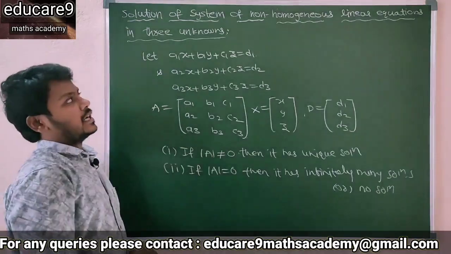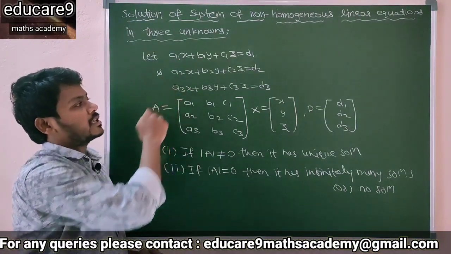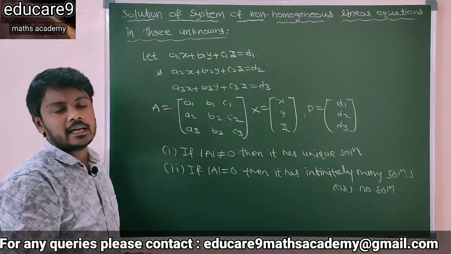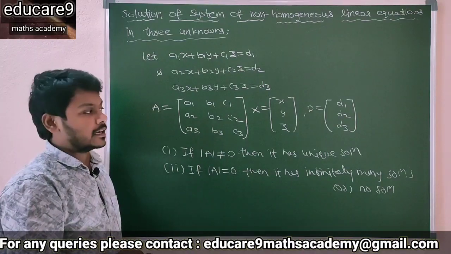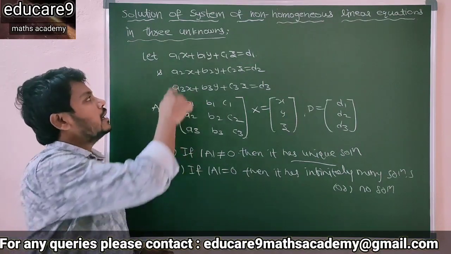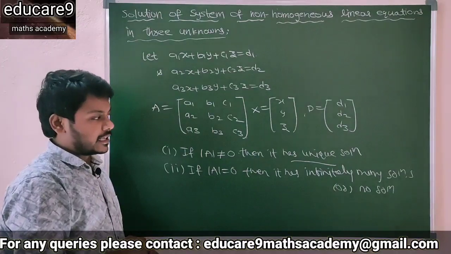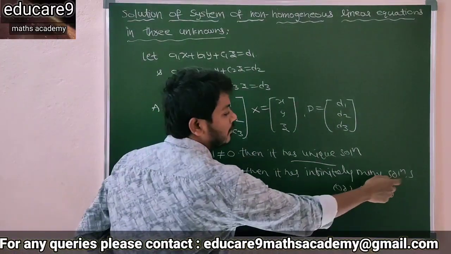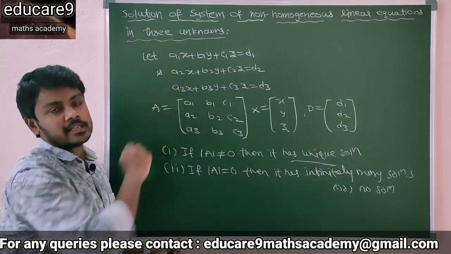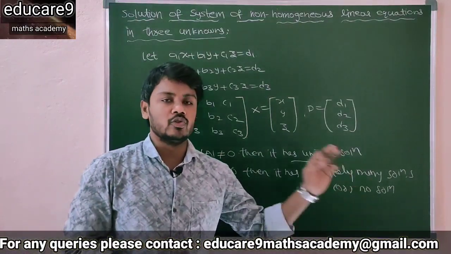These are the two conditions. Clearly these three equations represent planes. If the three planes intersect at one point, in that case it has a unique solution. If the three planes intersect along a line, in that case it has infinitely many solutions. If the three planes do not intersect at any point, in that case it has no solution.